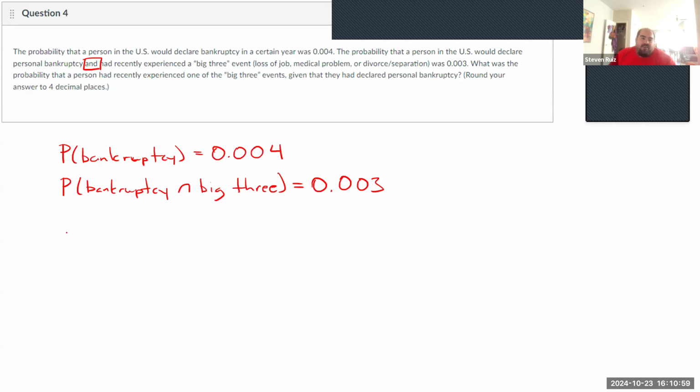The thing we're being asked about here is what's the probability of a big three event given that that person had also declared bankruptcy?